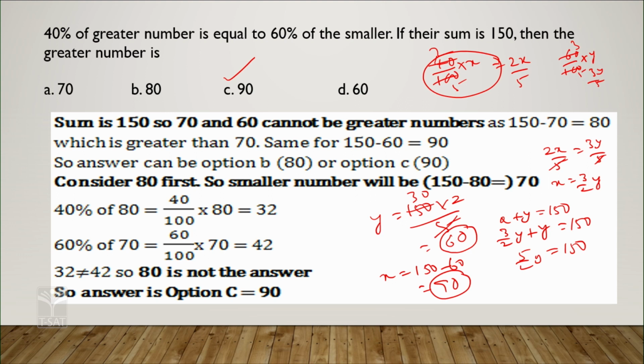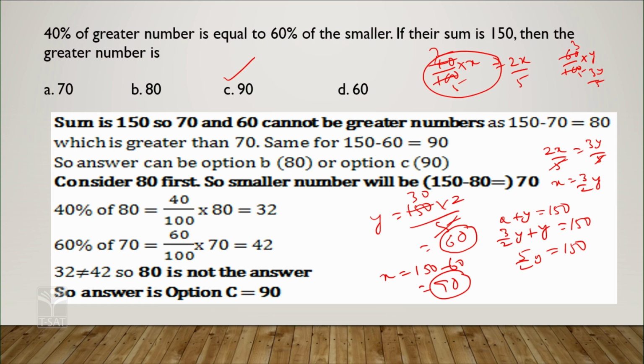Here, 70 and 60 cannot be the greater number. If you take 70 as one number, then the other number should be 150 minus 70, which is 80.